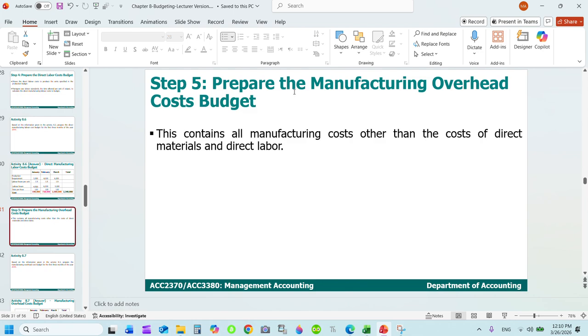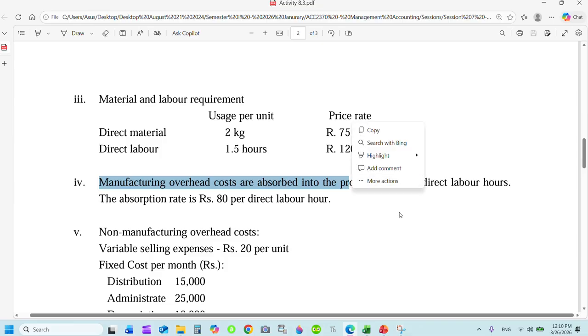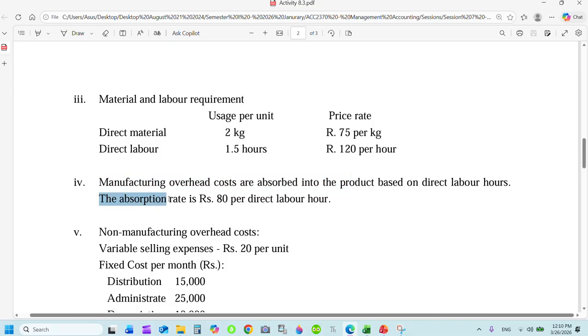Next, we'll prepare the manufacturing overhead cost budget. Manufacturing overhead cost, usually we decide based on predetermined overhead absorption rate. You can see here, manufacturing overhead costs are absorbed into the product based on direct labor hours, and the absorption rate is 80 rupee per direct labor hour.